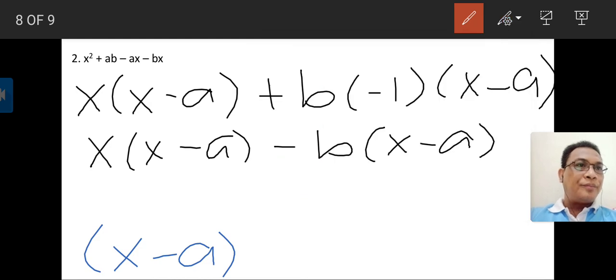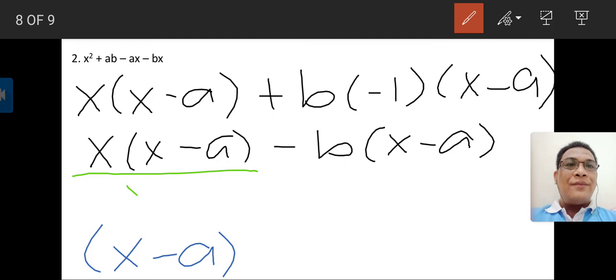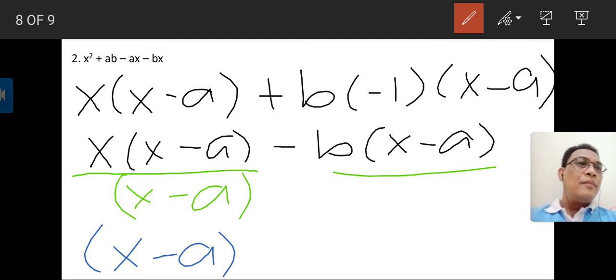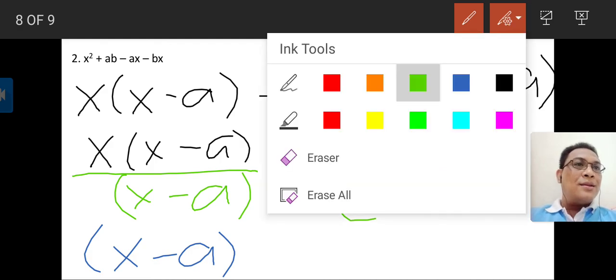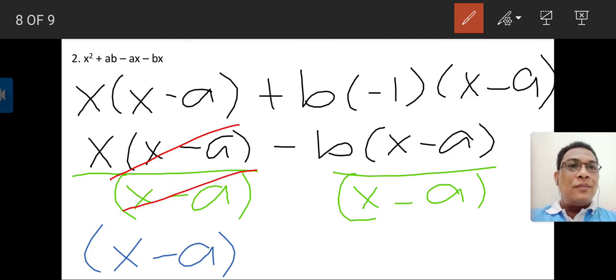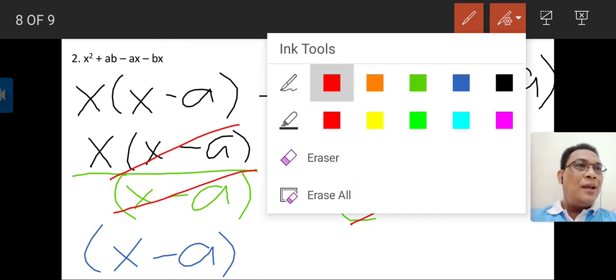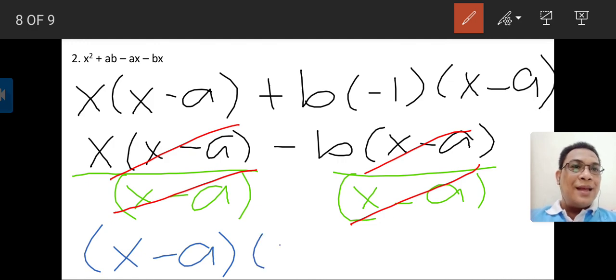So you have to divide your derived polynomial by your GCF. That will be x minus a over x minus a. So this will be cancelled out, that will be cancelled out, and what is left is x minus b. Again, that will be your factor form.